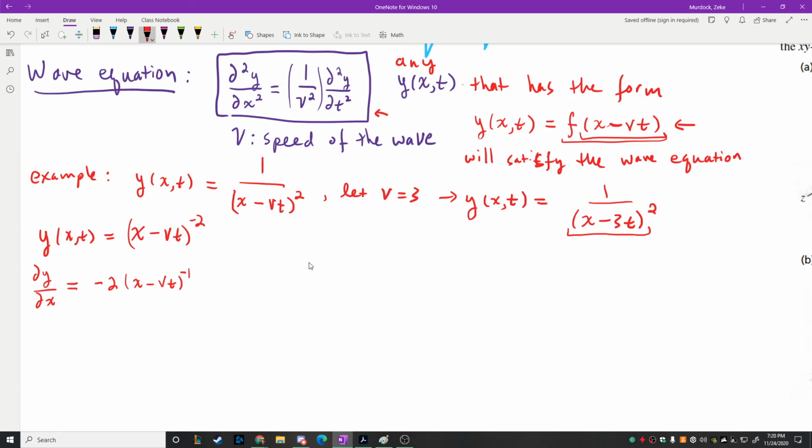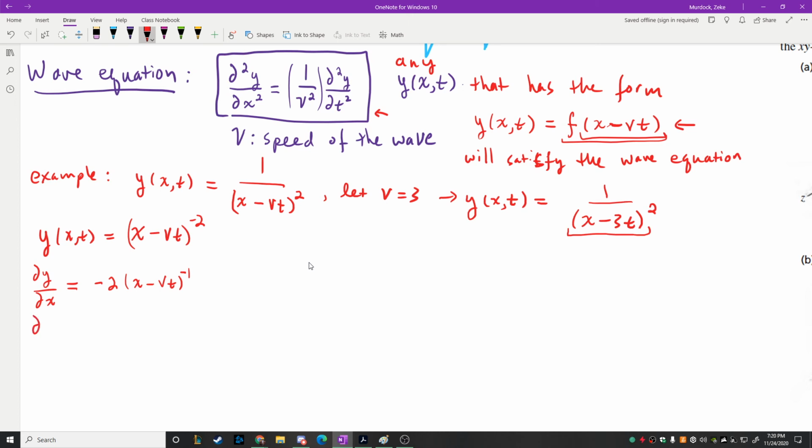Is that the right derivative? Doing the partial of y with respect to x, bring the 2 down in front, and multiply by the derivative of the inside function, which is x, so just 1.